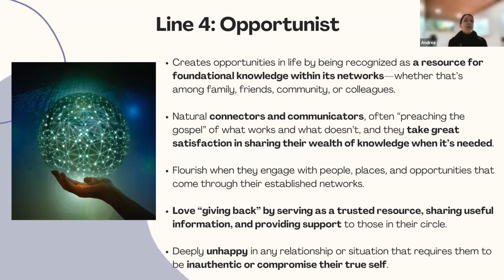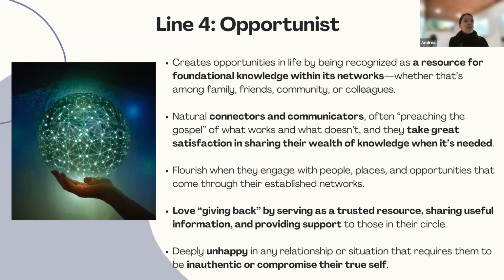They really value their community, their circle of friends or family, their network. They love giving back by serving others with information and providing solutions. They're natural connectors who like to share what's worked for them, and they feel satisfied in sharing their wealth of knowledge.